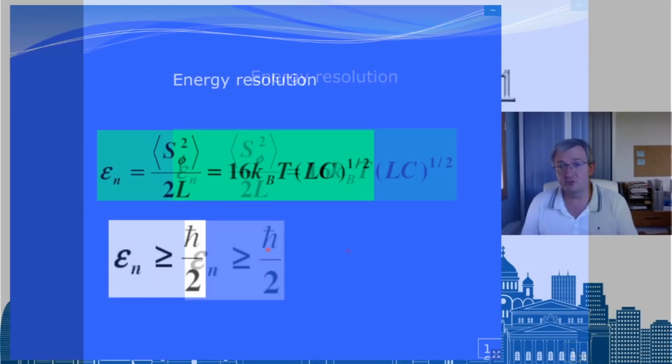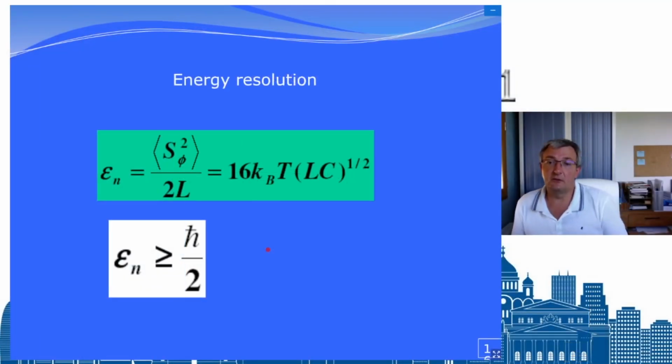The energy resolution of a SQUID has been shown in a very well-known paper by Tesche and Clark. You'll find that in the handbook of Clark and Braginski. The energy resolution is given by this formula. It's necessarily higher than h-bar over 2, and you know why.